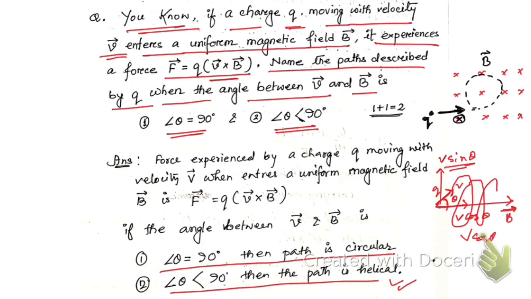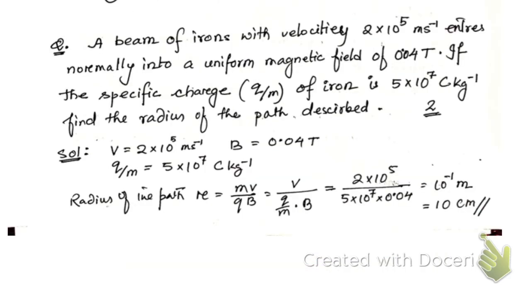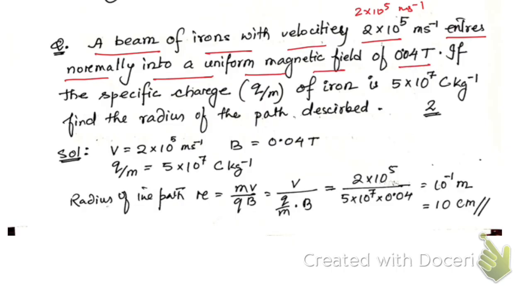Now let me take the next question. A beam of ions with velocity 2 into 10 to the power 5 meter per second enters normally into a uniform magnetic field of 0.04 Tesla.